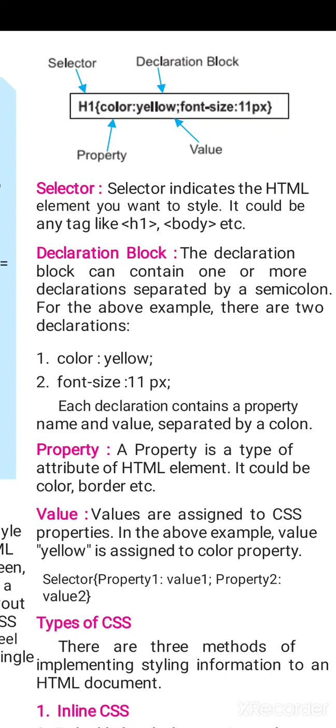We have seen color. So here is color as a property, holding a value of yellow. Basically, we can't apply a color attribute in a heading level. We haven't seen that, but here we have merged this effect in this heading level.